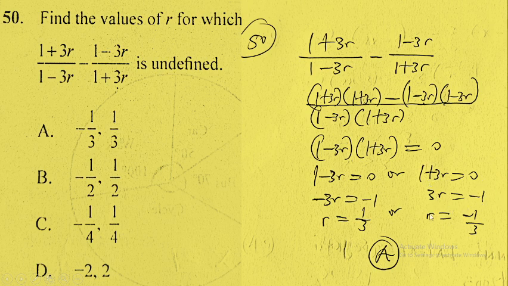Divide both sides by 3, that will give us r equals minus 1 over 3. So that means the values of r can either be 1 over 3 or minus 1 over 3, which means that option A is the correct answer in question number 50.